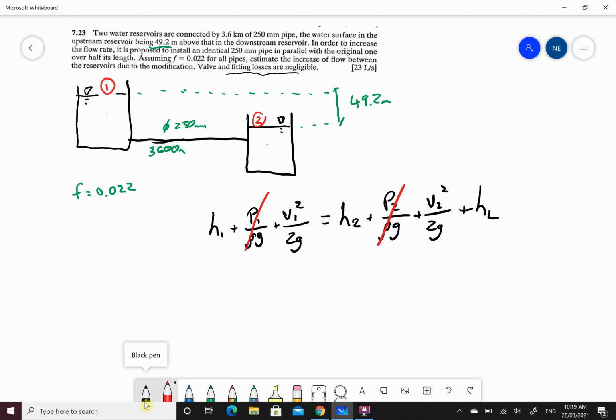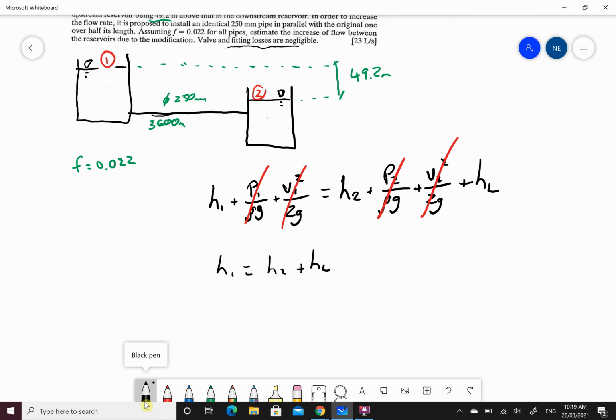They move very slowly, so V becomes 0. So what I end up with is H1 is equal to H2 plus HL, so my losses. Therefore, my losses are equal to H1 subtract H2.